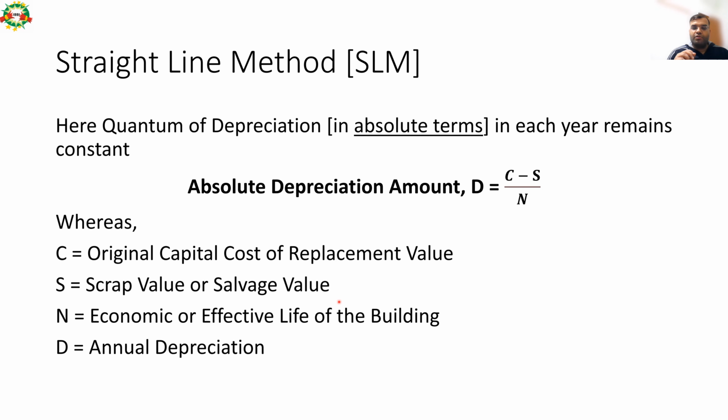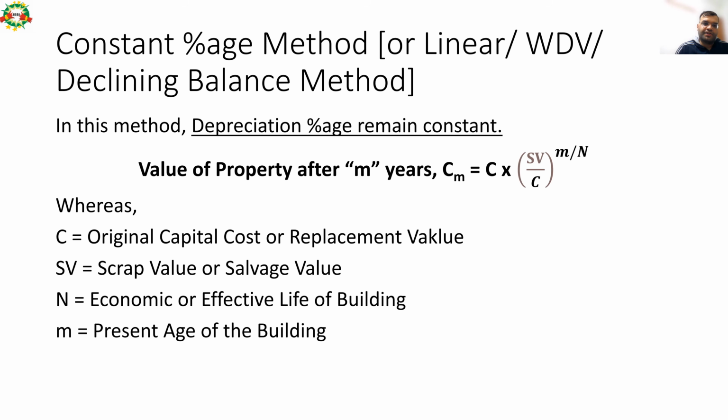Normally the word salvage value will come, but even if it comes as scrap value, we are not supposed to differentiate between the two from a numerical perspective. N is the economic or effective life of the building, the total life of the building, not its age, and D is the annual depreciation. We'll try to understand all these concepts with the help of an example in the next session.